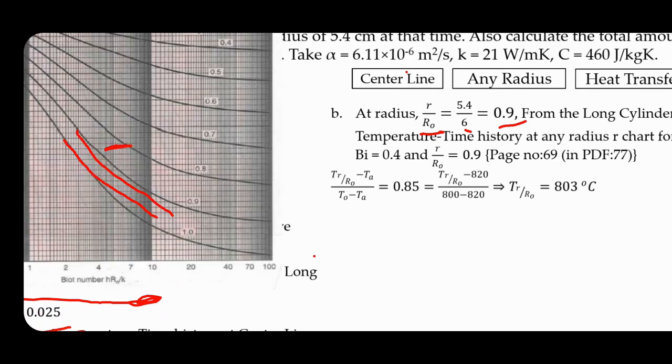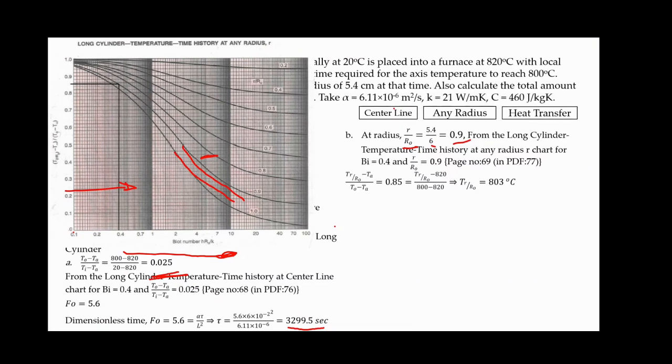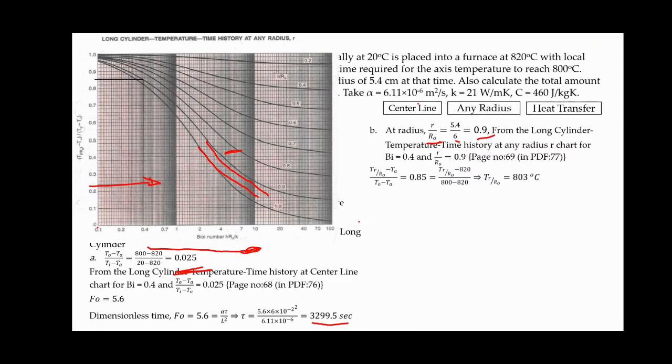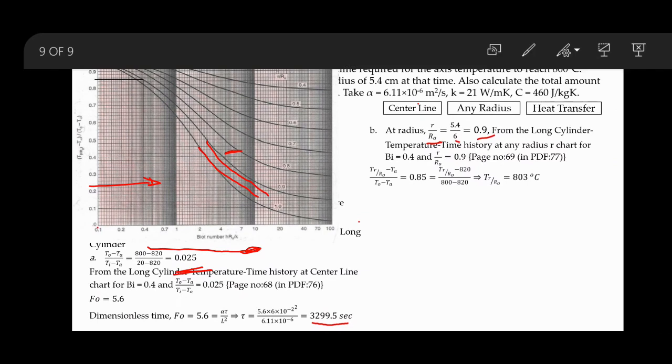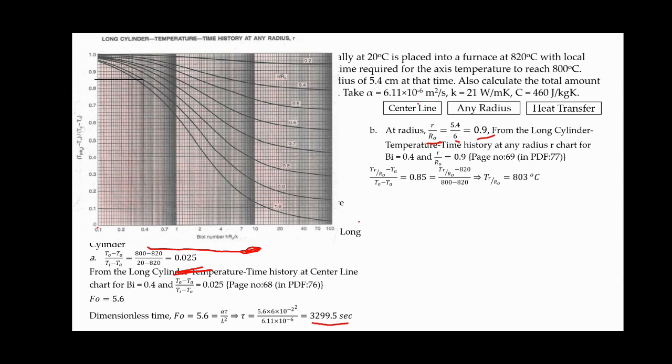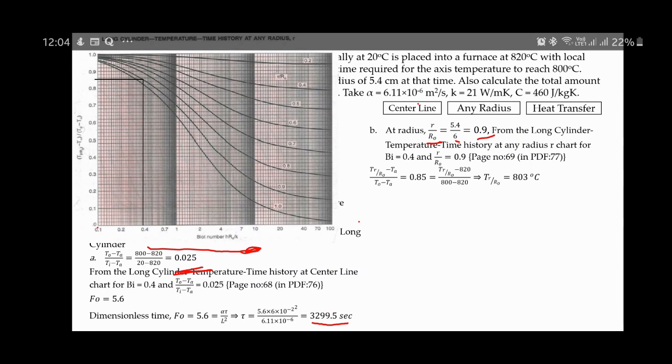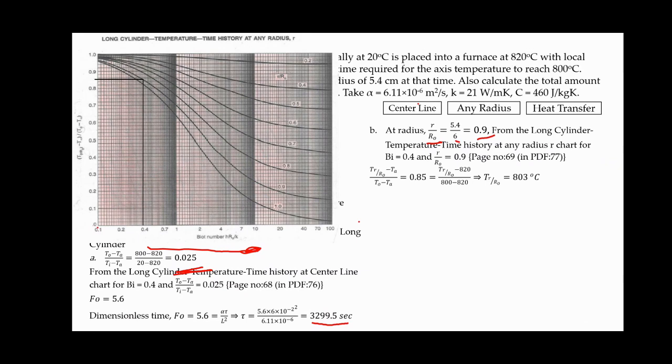Now I'll refer to the second graph, that is at any radius. I'll just clear these notations. Okay, now I'll refer to the second graph, long cylinder, temperature time history at any radius.